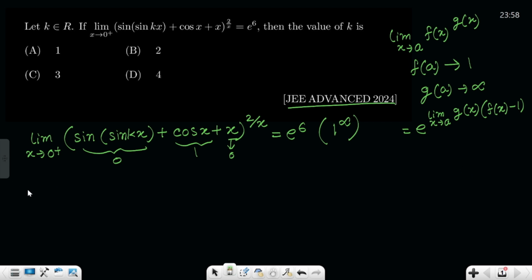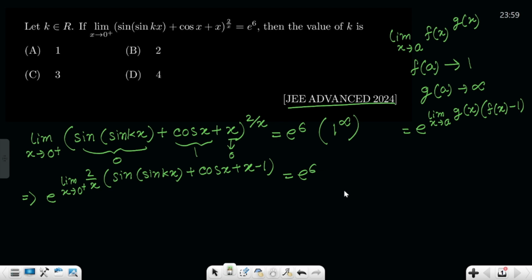If we apply that here, it will be e to the power limit x tending to 0 positive of 2 by x into (sine of sin kx plus cos x plus x minus 1), equal to e to the power 6.